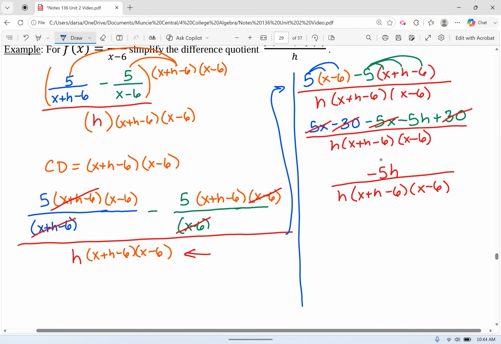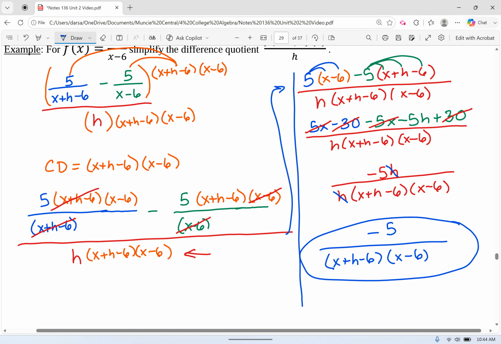Well, look, up here in the top, we have a negative 5 times an h, so this is a multiply, and it cancels the h that is divided on the bottom. So our final answer for a simplified difference quotient is negative 5 over x plus h minus 6 times x minus 6. So there's still an h in the denominator, but because it's added, it's allowed to stay.